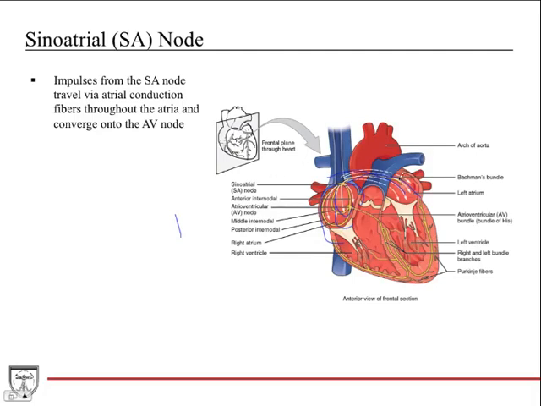Now, you may have heard of a condition called atrial fibrillation, or AFib for short. Atrial fibrillation is a completely uncoordinated contraction of the atria. They're just spazzing out. It's almost like a muscle spasm of the atria, and it creates an abnormal heart rhythm and causes inefficient pumping of the atrium.